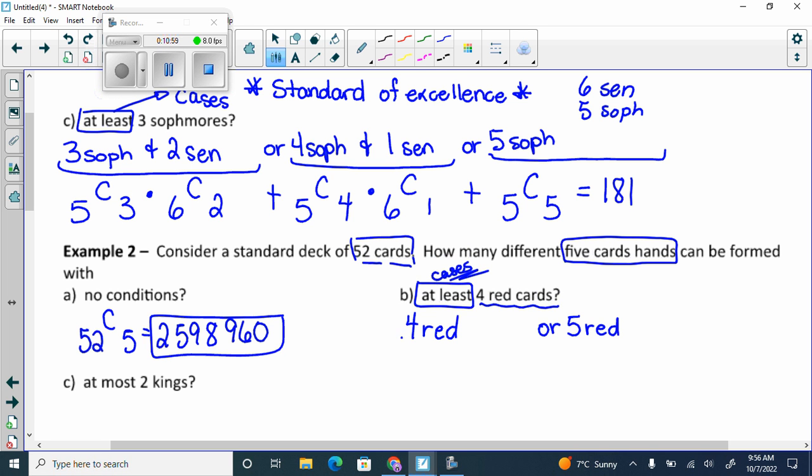Now, this is one case, plus another case. This one has 5 cards, good. What does this one need? And one technically not red, because I have to have 4 reds, and then the other one just can't be red, right? How many red cards are in the pile?